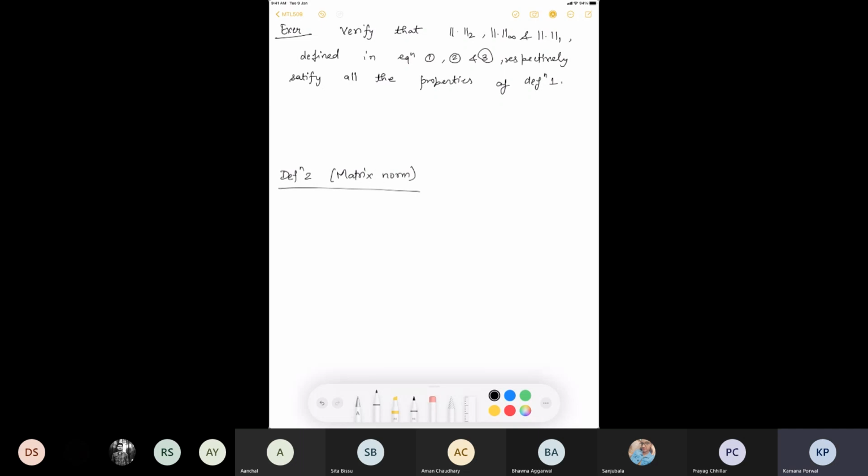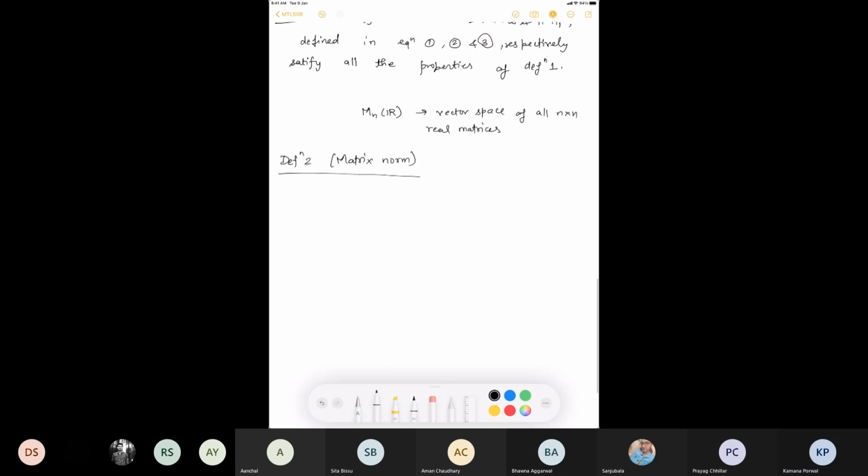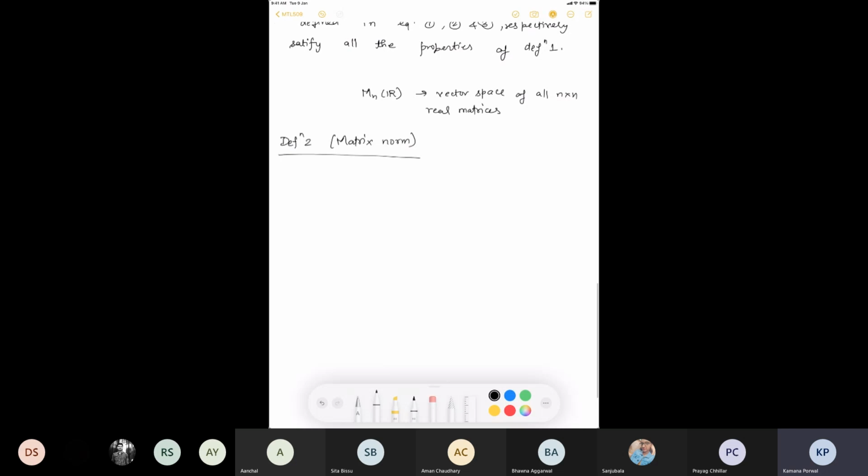And note that I'm going to use this notation Mn(R). This is for the vector space of all n by n real matrices.